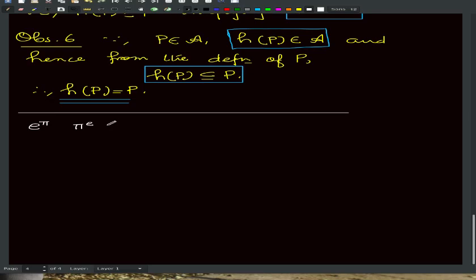And why is it key? So let's look into some applications of this, which gives us some idea about how to use this.